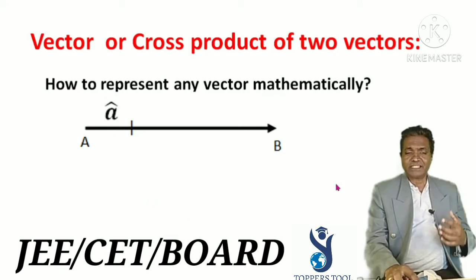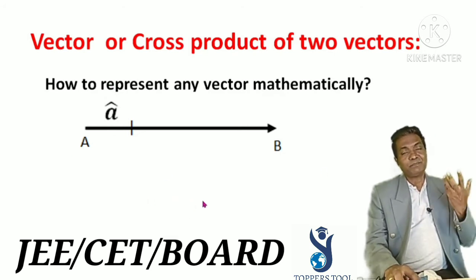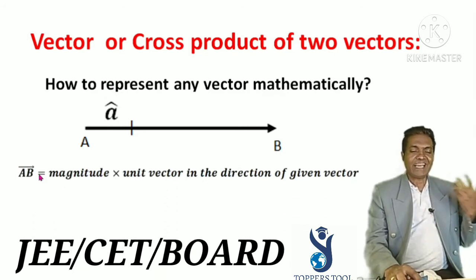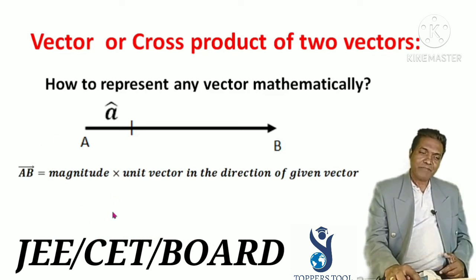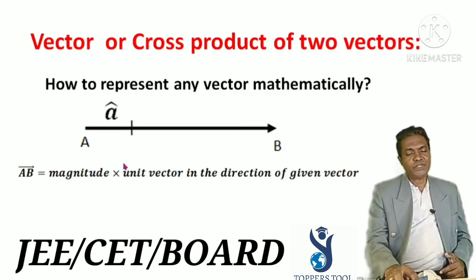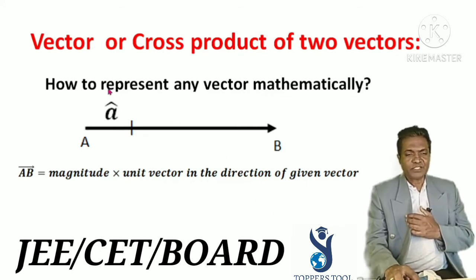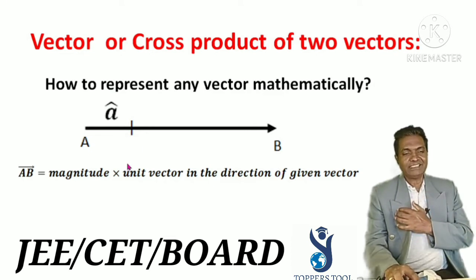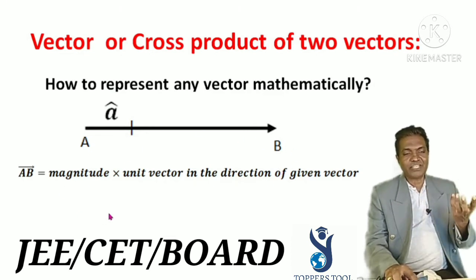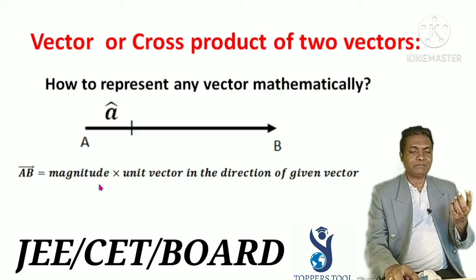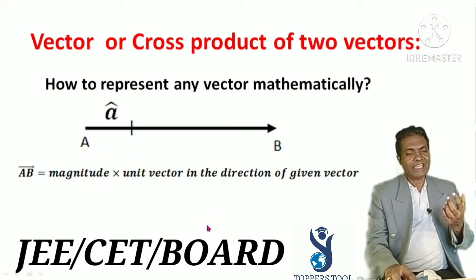So vector AB can be represented mathematically as the product of magnitude and the unit vector in the direction of vector AB. Suppose a cap is the unit vector along AB and AB has a certain magnitude, then you can write it as magnitude into a cap.